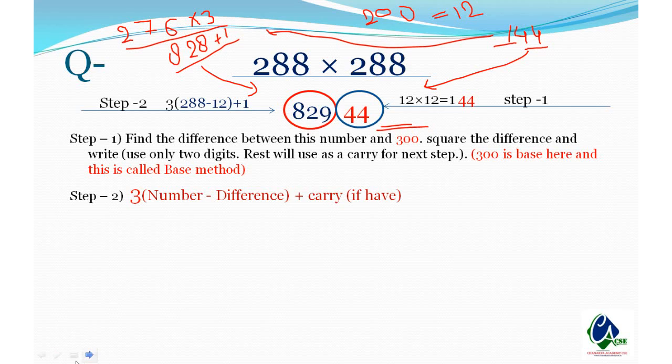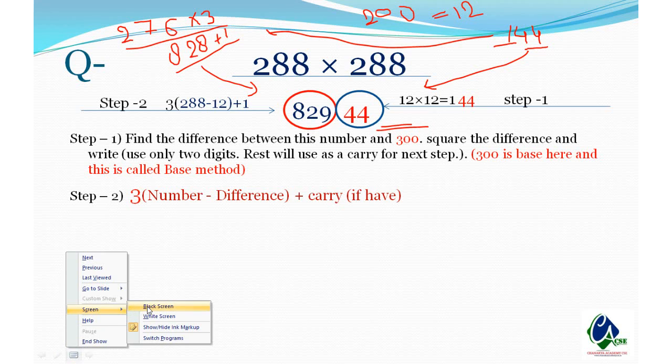See one more example. If you are going to calculate the square of 499, here the base is 500. Find the difference. The difference is 1. Take the square of 1, that is also 1, but we need 2 digits.